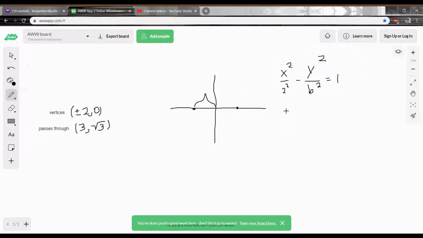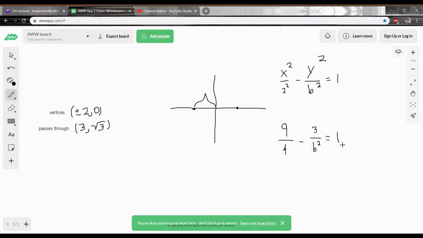So let's do that. When we plug 3 in for x, 3 squared is 9. We're going to have 9 over 4. When we plug square root of 3 in for y, square root of 3 squared is 3. It's going to be over b squared and set that equal to 1.